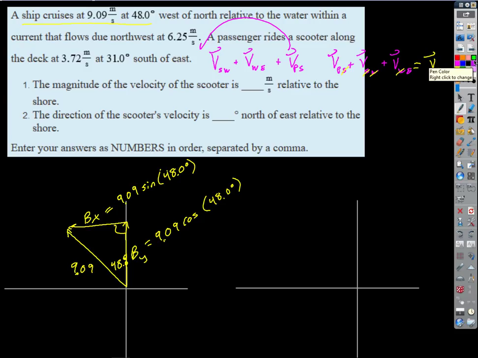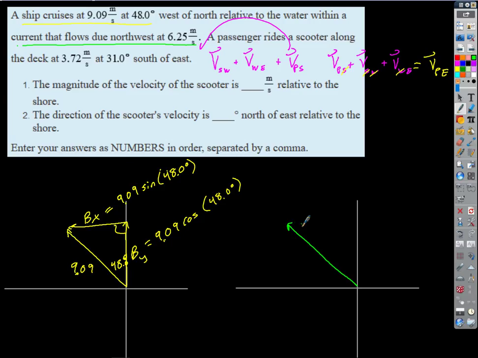So now we want to know, looks like the current flows northwest at 6.25 meters per second. So we're going to call that water. This is the direction of the water. What's northwest? That's 45 right there.